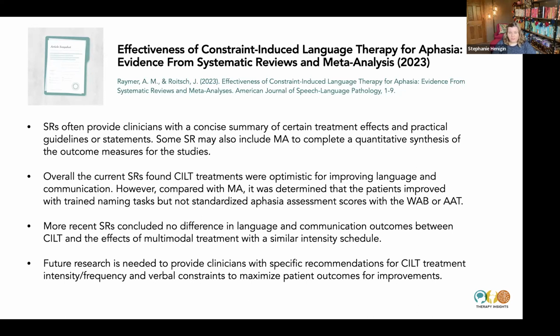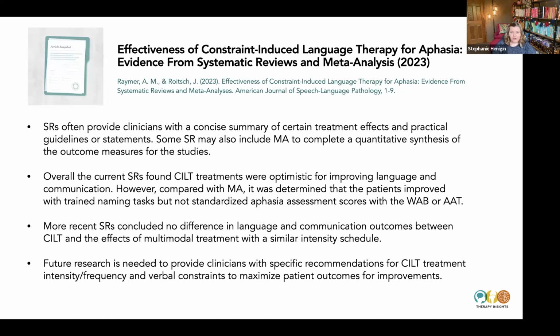Overall, the current systematic reviews found for constraint-induced language therapy treatments were optimistic for improving language and communication. But when compared with meta-analysis, it was determined that patients improved with trained naming tasks, but they didn't improve with standardized aphasia assessment scores, such as the Western Aphasia Battery or the Aachen Aphasia Test.